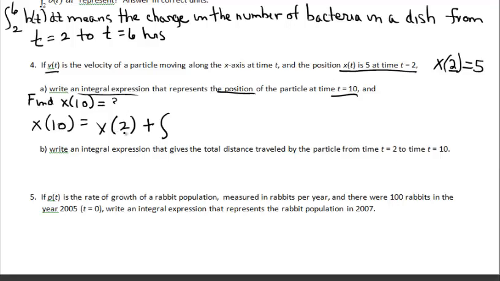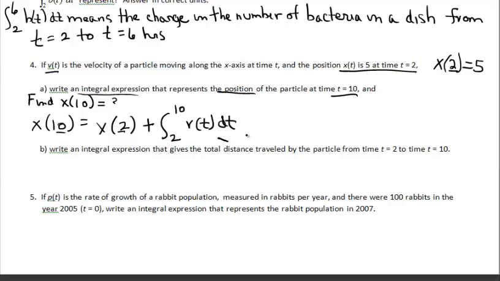So these are like your limits here, 2 to 10. So its change in position would be given by integrating the rate or integrating velocity. So 2 to 10, v of t, dt. So we could find its position by taking 5, which we know is x of 2, and adding it to this answer right here, if we could find it.